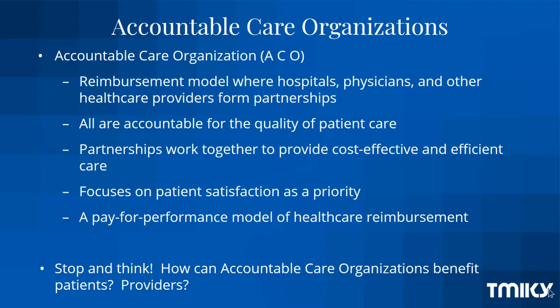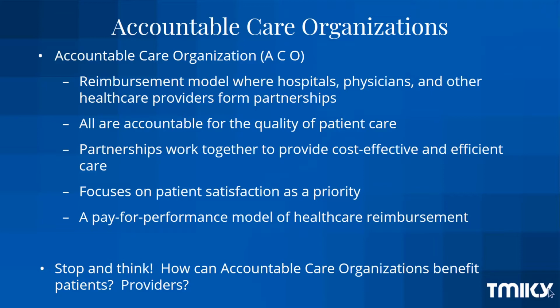Next, we have the Accountable Care Organization. This is a reimbursement model where hospitals, physicians, and other healthcare providers form partnerships. All are accountable for the quality of patient care, and the partnerships work together to provide cost effectiveness and efficiency. One of the main things about the Accountable Care Organization is that it focuses on patient satisfaction and is a pay-for-performance model of healthcare reimbursement.